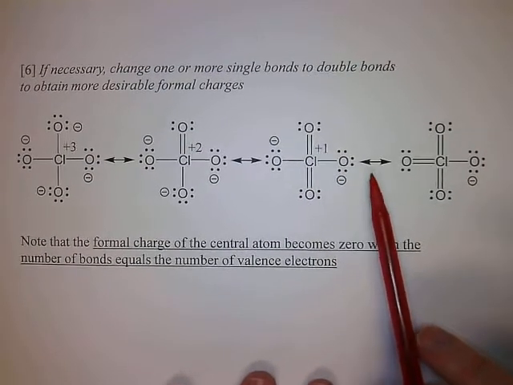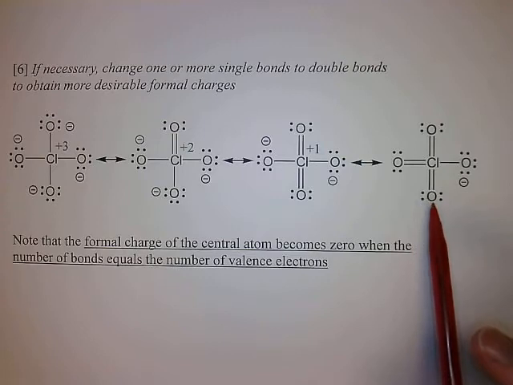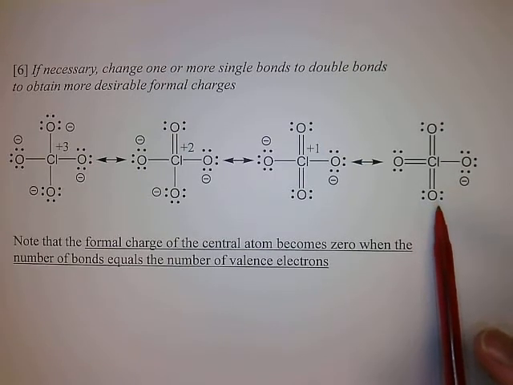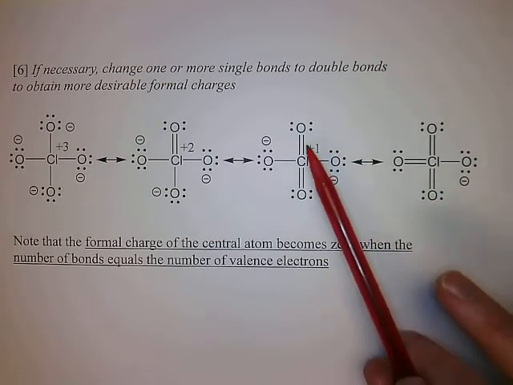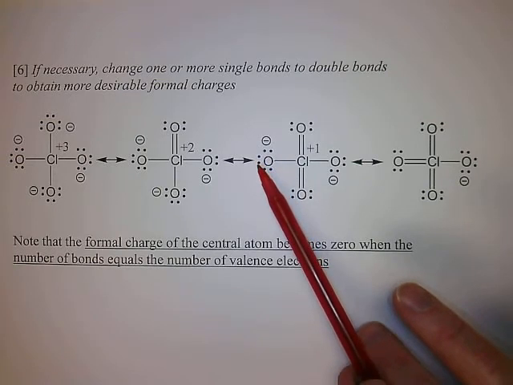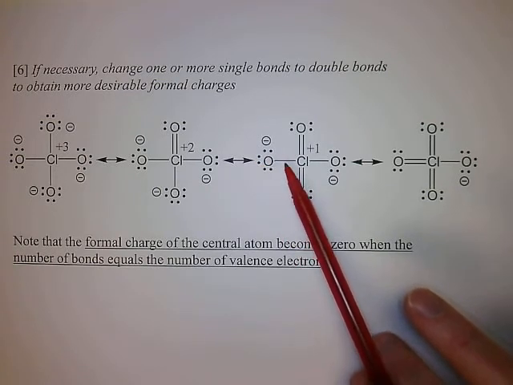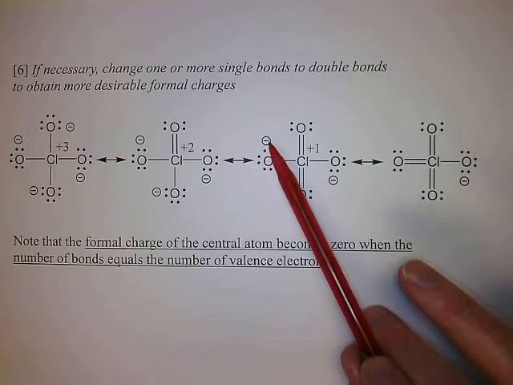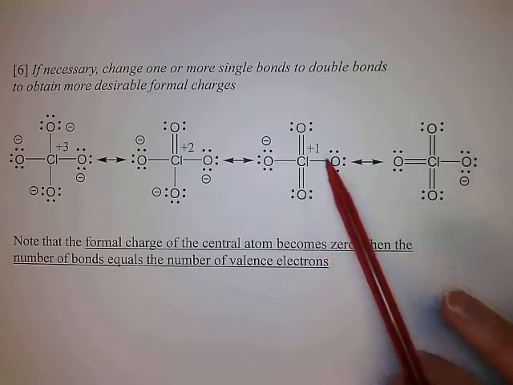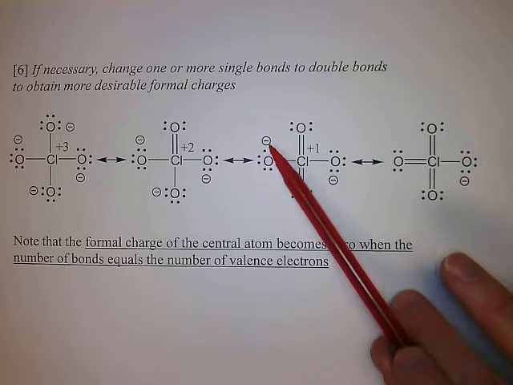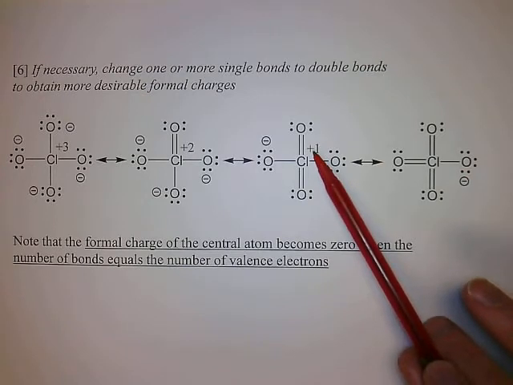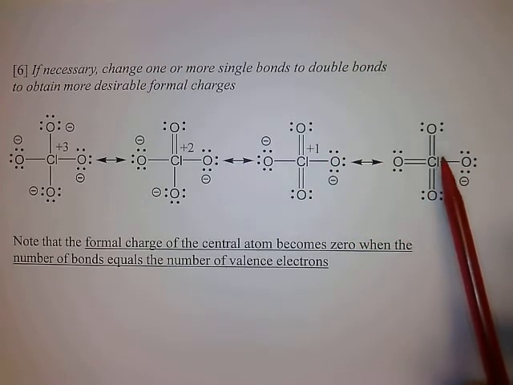And you can probably see where we're going with this now. If we do it one more time, let's say we convert this unshared pair into a bonding pair. Okay, and this formal charge goes away. Not only does this one go away, but the one on the chlorine goes away as well, because we've now brought the charge on the chlorine down to 0.